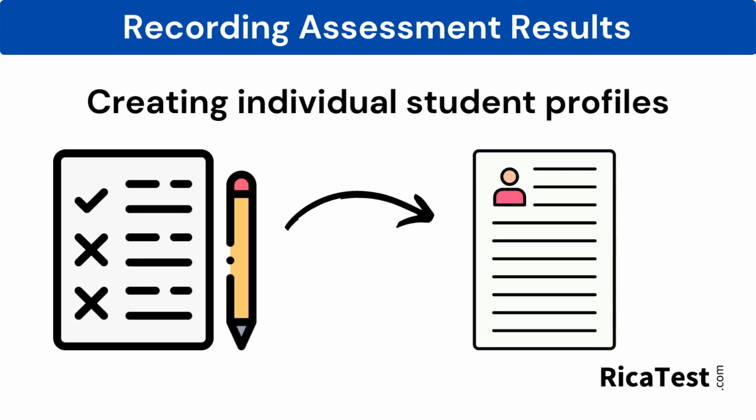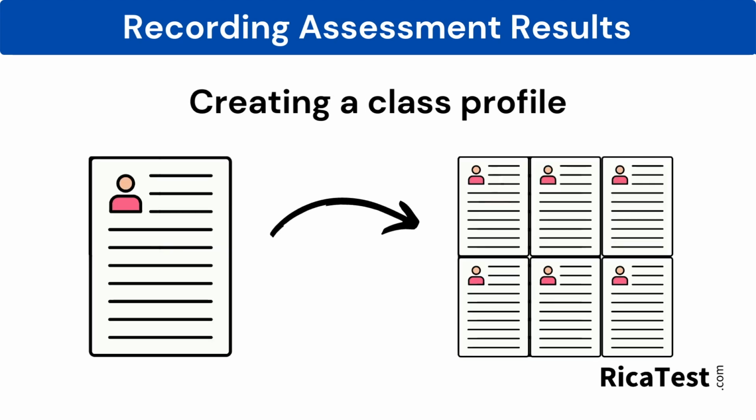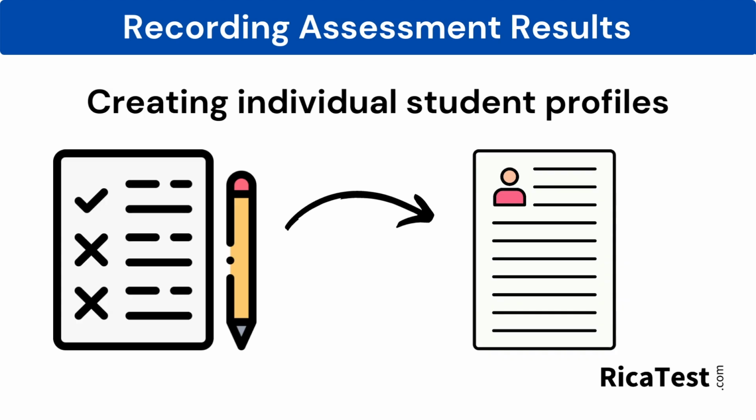Furthermore, teachers use the assessments to create individual student profiles. These show each standard taught and the student's benchmark score for that standard. Then, the teacher takes the individual profiles to create the class profile, which is the one file that is the collection of all of the individual student profiles, and it indicates how effective instruction and activities have been in teaching the whole class.